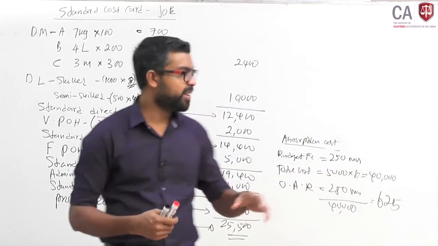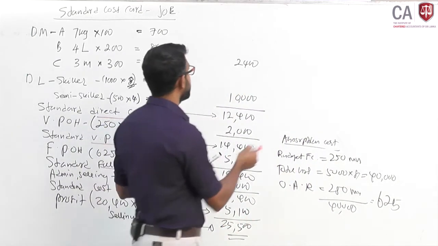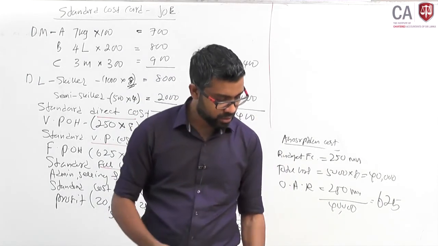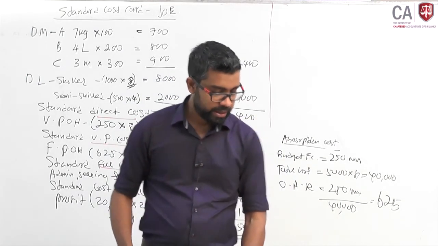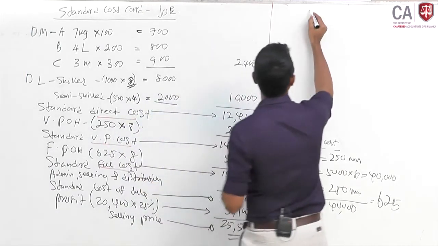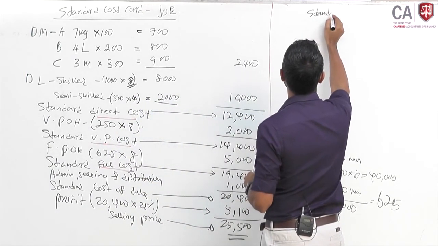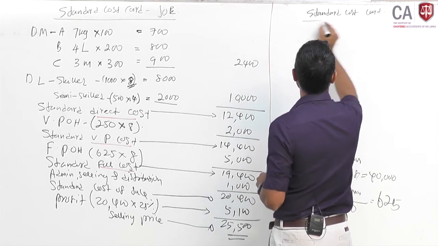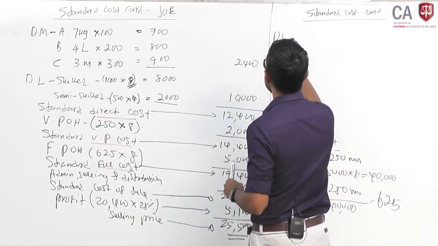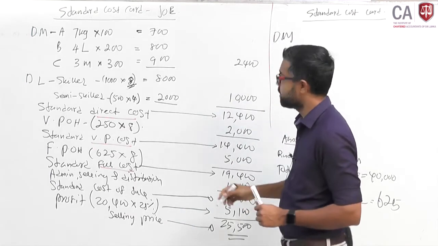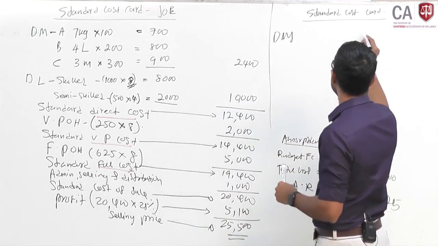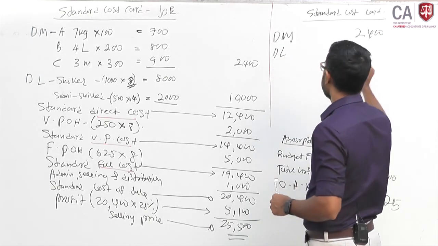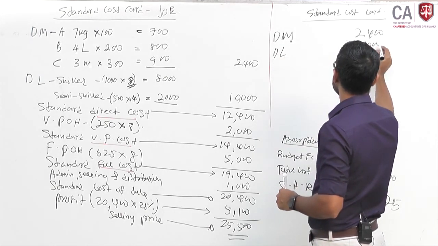Normally when we present a standard cost card, all these elements will not be included. So what elements will be included in a standard cost card? You'll include direct material, 2,400, and direct labor, 10,000.